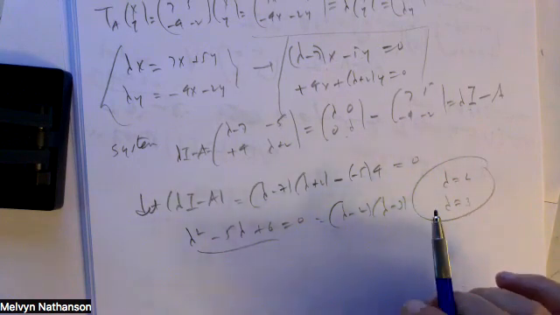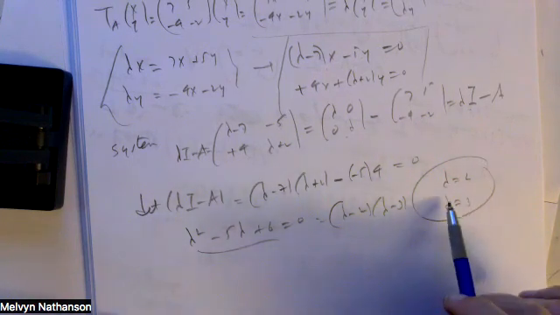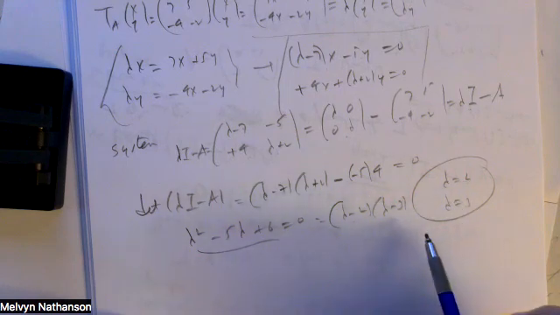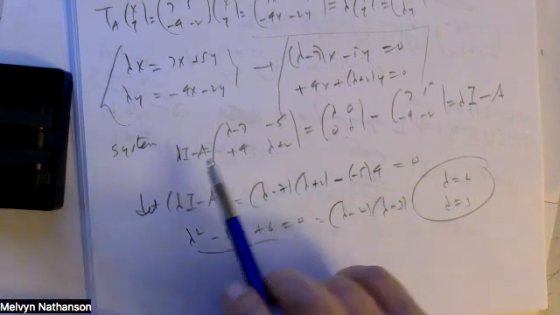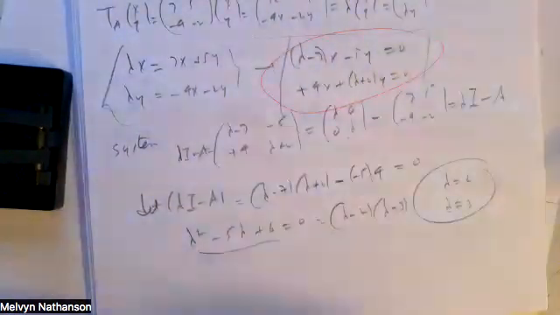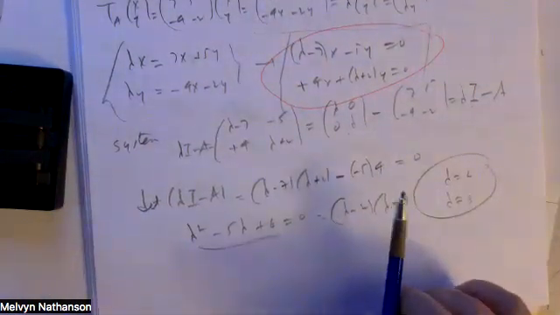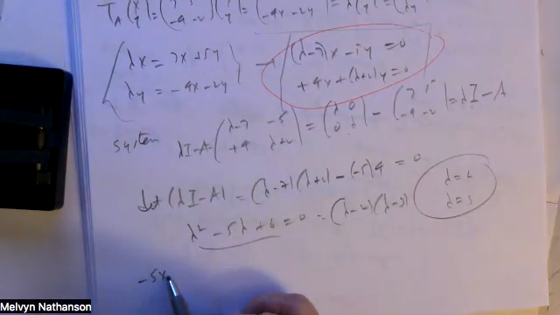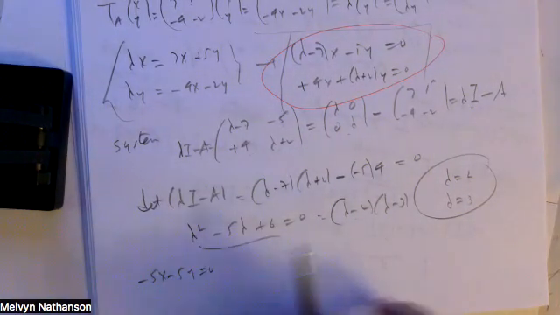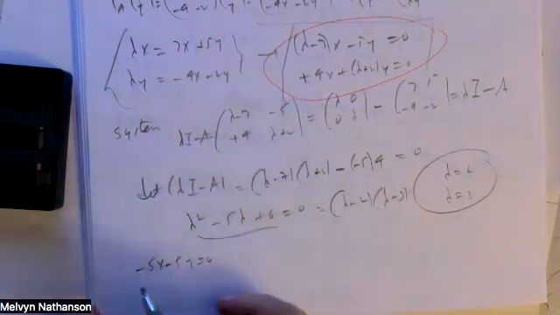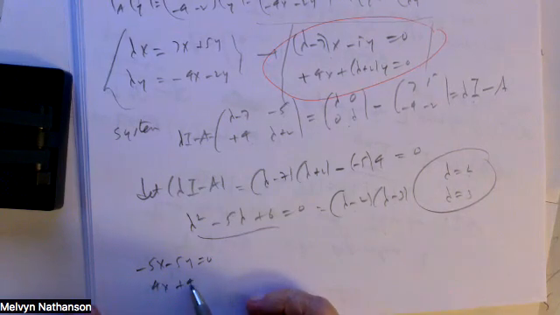That means you can solve these equations for x and y when lambda is 2, and there's another solution when lambda is 3. So let's see, for example, this is my set of equations. If lambda equals 2, this is minus 5x minus 5y equals 0, and 4x plus 4y equals 0.